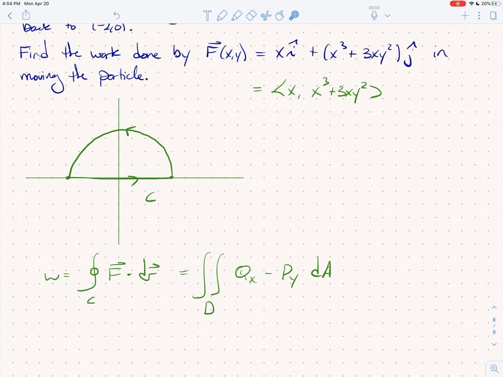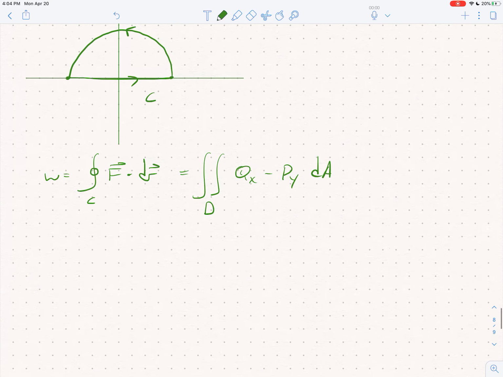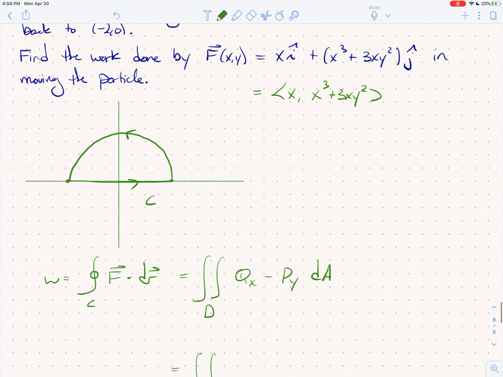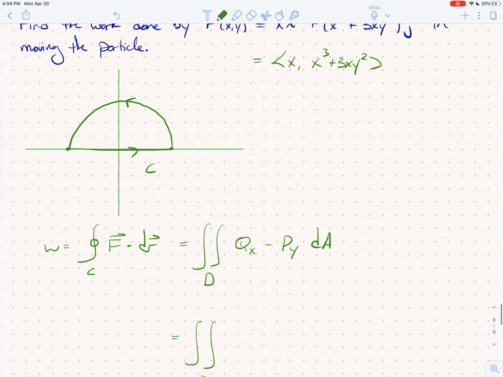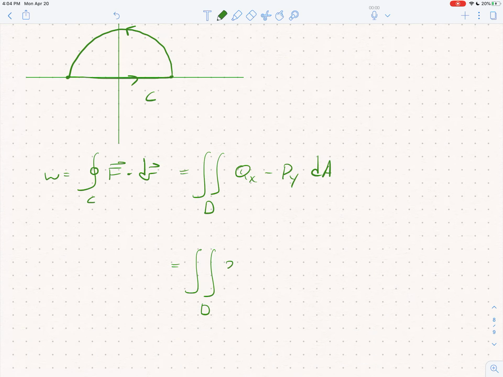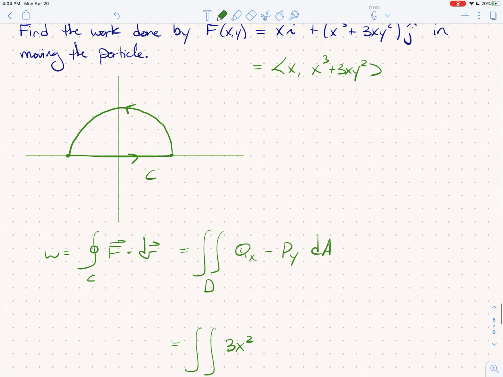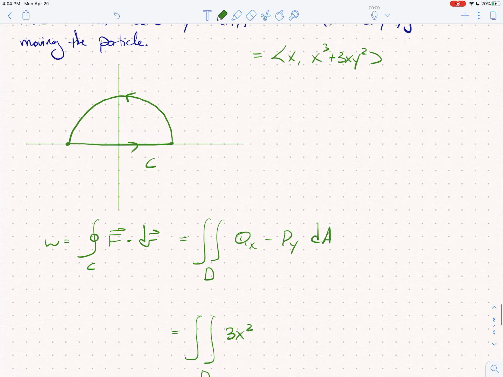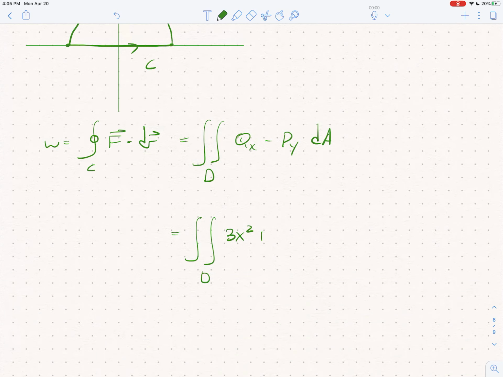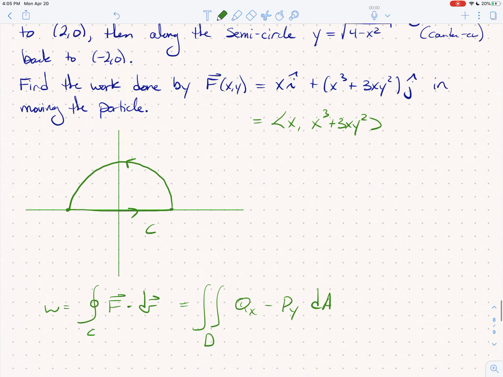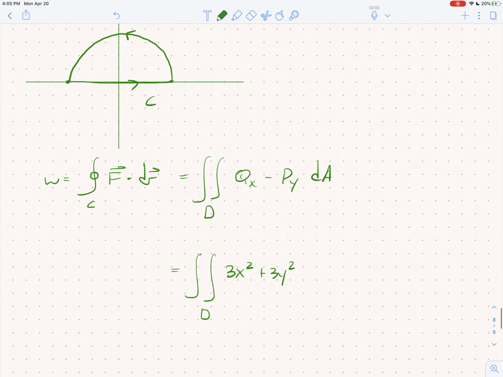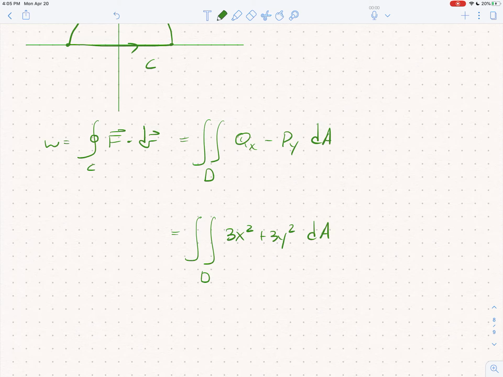So this is my P and this is my Q. And so we're going to get the double integral over D of Q partial x, which is 3x squared plus 3y squared, and then a minus P partial y, which is just 0. So I get just that dA.